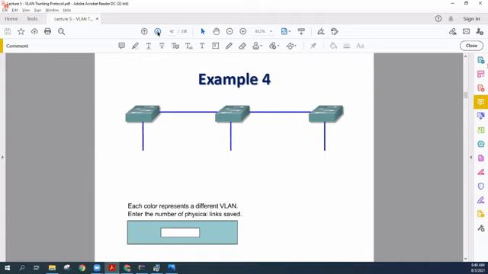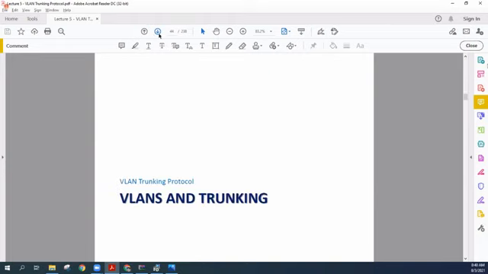In this case, what do you think? How many links can we save? 0, because there is only 1 link between the switches.